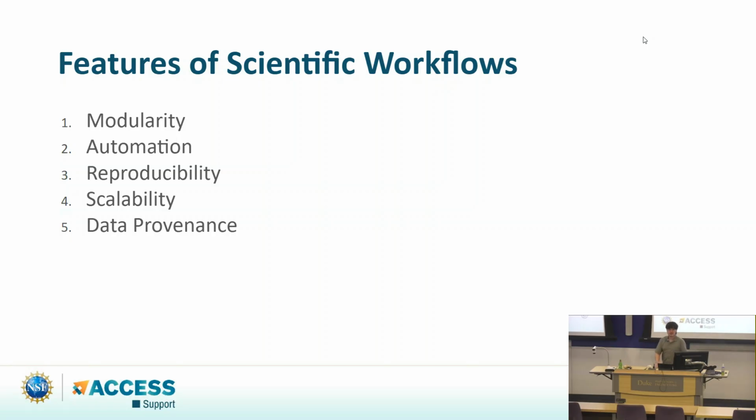Reproducibility. This means that whenever you run a job or a workflow with one type of input, you should be able to get the same output every time you run it with the same input. Meaning that I run the job with a specific input, I run it again, it should be the same output every time. Scalability.